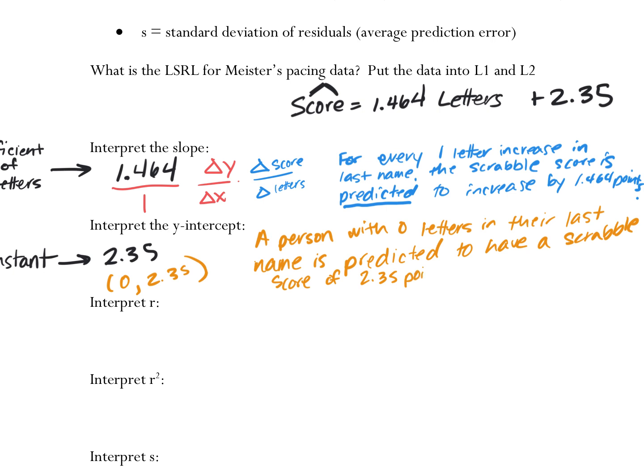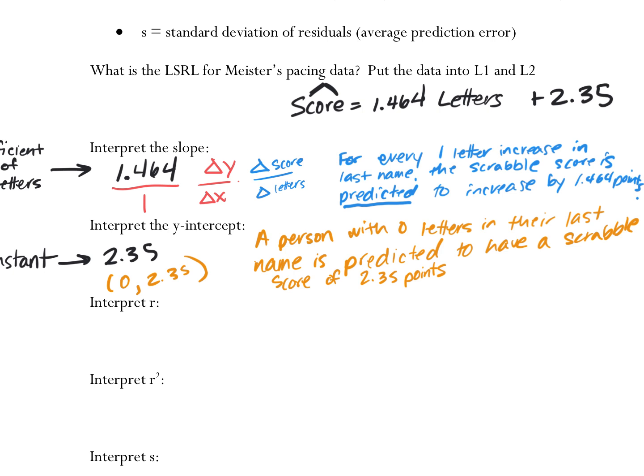Now, does that make sense? Of course not. The y-intercept rarely makes sense. That's not to say you won't have to interpret it. It is unlikely that the College Board will make you interpret it, but I have seen it, which is why we're discussing it. You will absolutely need to be able to interpret the slope. No question. That will show up. The y-intercept doesn't always have meaning.